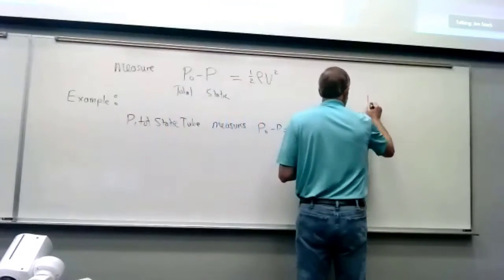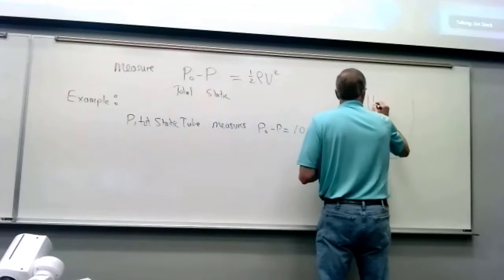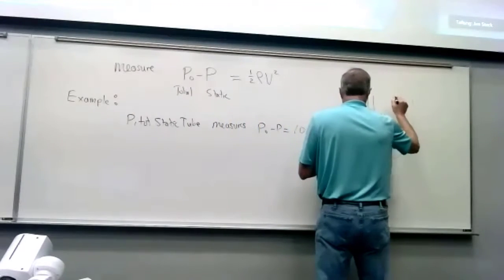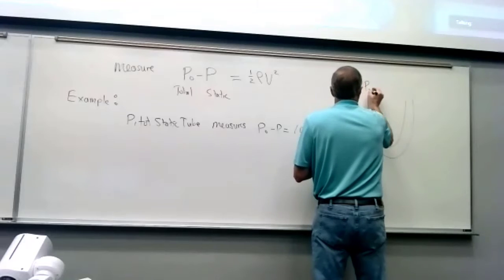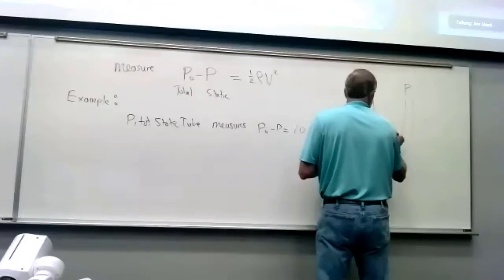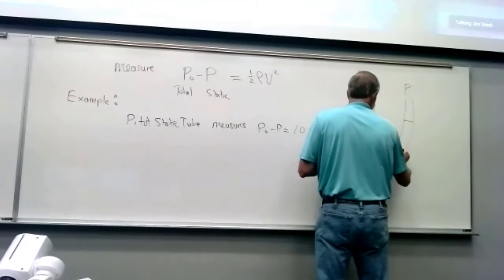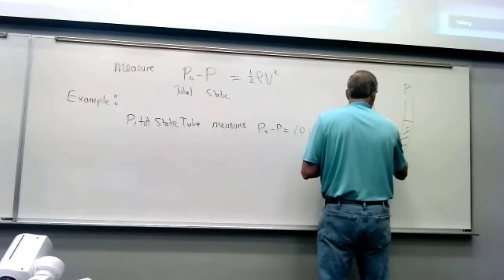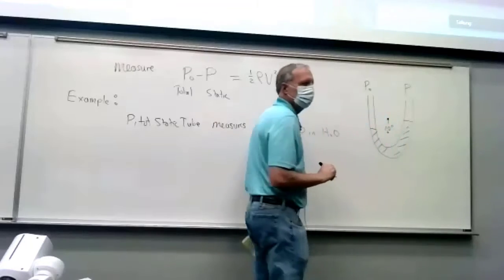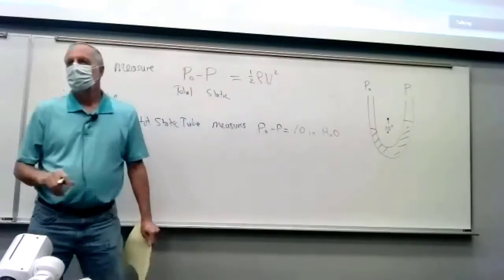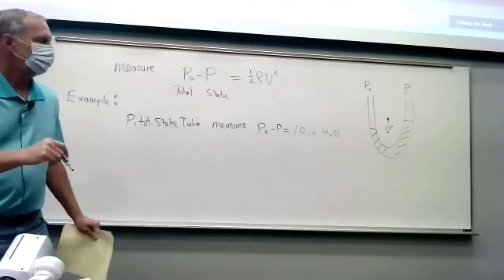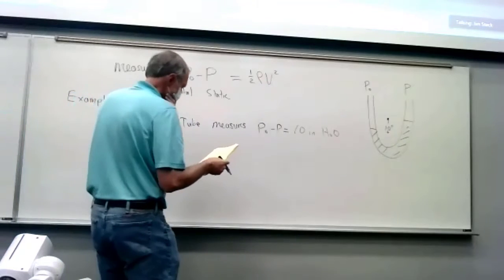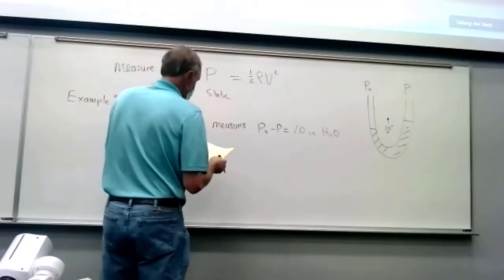What we're saying is that we have a manometer connected up to these tubes, and the manometer measures a height difference of 10 inches. And so we have to use the manometer equation, because it's a manometer measuring the pressure difference, to get the pressure difference.